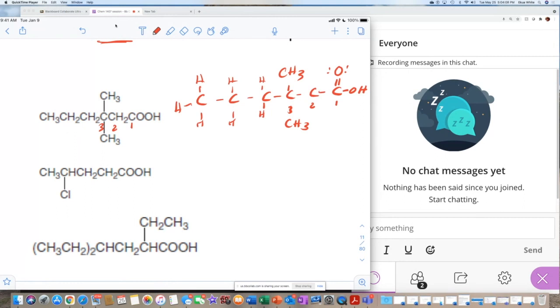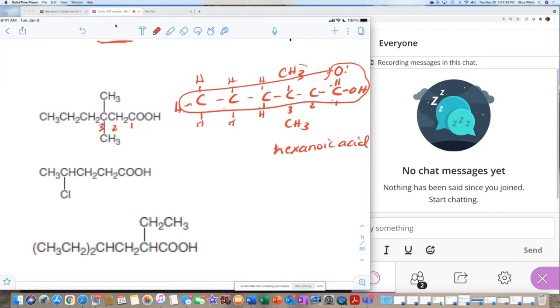Our longest chain starts from this group right here all the way to there: 1, 2, 3, 4, 5, 6. So 6 is hexane. Replace the E with oic acid, so hexanoic acid. You don't have to specify what carbon because it will always be on the edge.